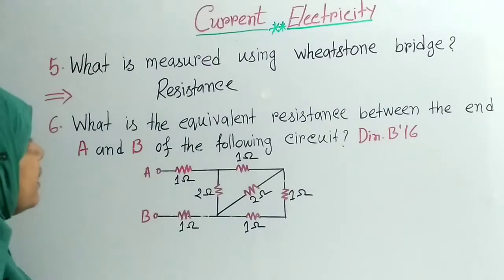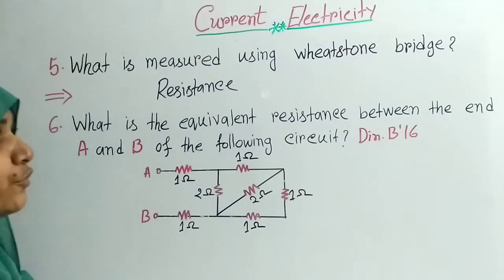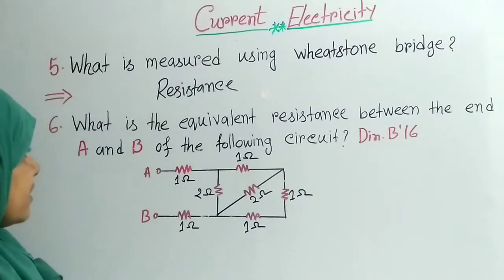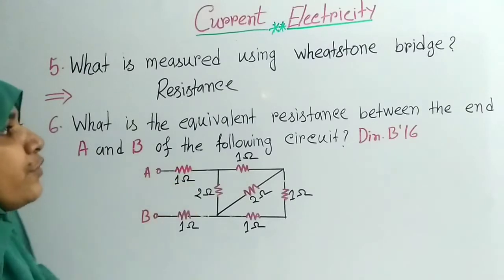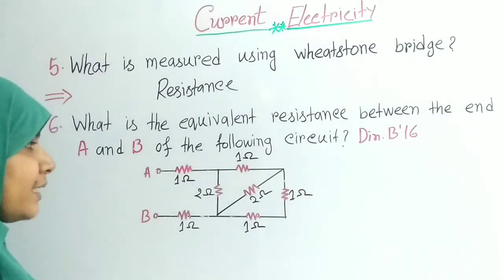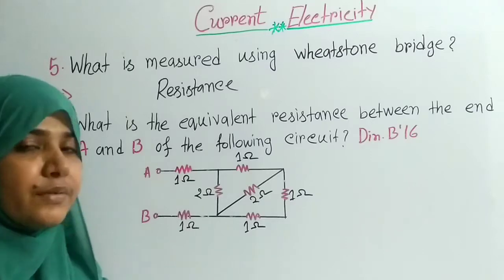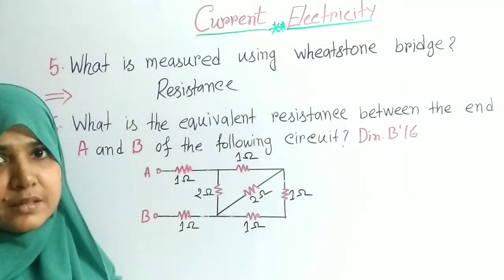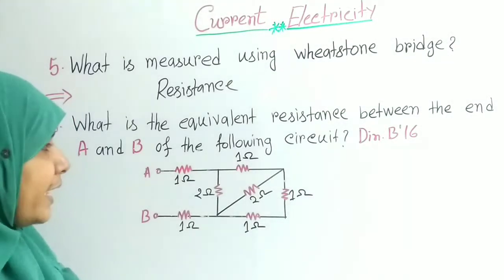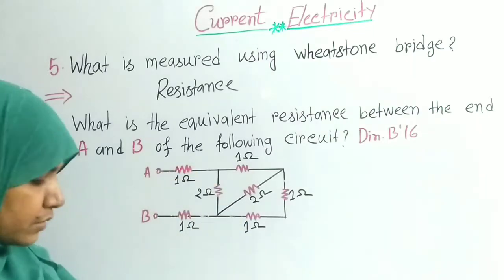Now, the next question is, what is the equivalent resistance between the ends A and B of the following circuit? You can see that there's a circuit and several resistances are connected here. So, firstly I am going to name these resistances.